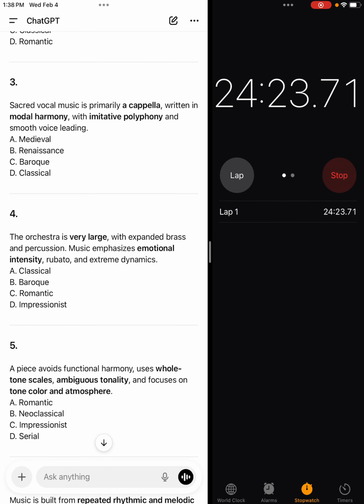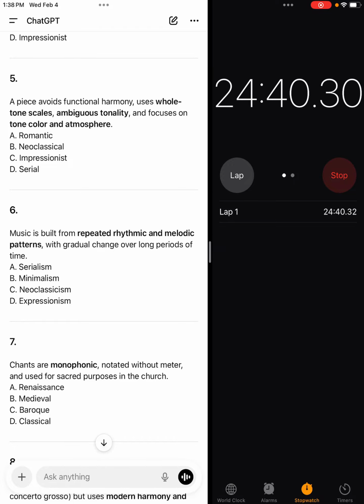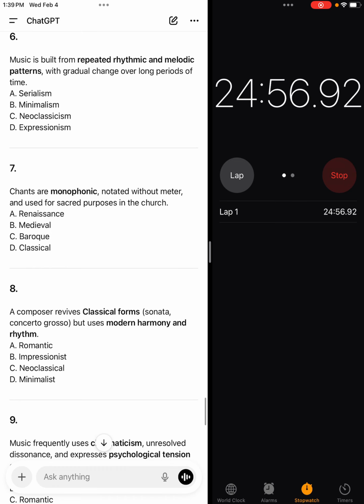Sacred music is a cappella, meaning medieval. The orchestra is very large, with brass and percussion, emphasizes classical things. Number 5. I would say number 6. Okay, repeated rhythm and melody changing over a long period of time.